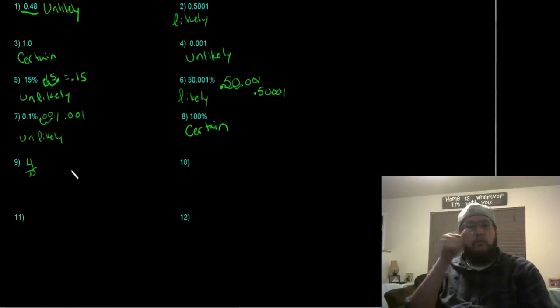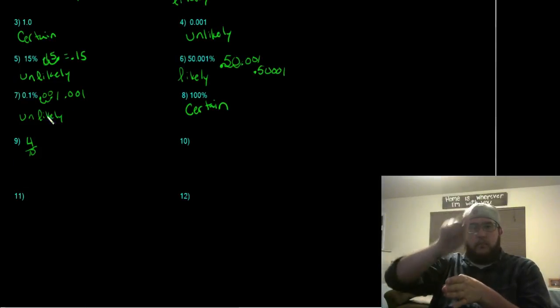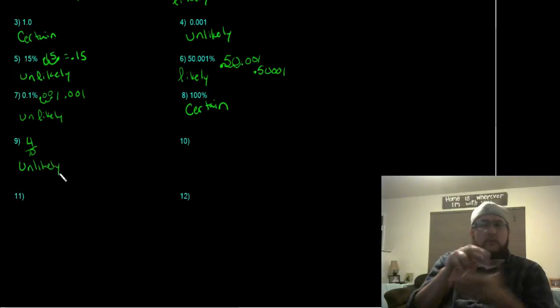Now, 4/10, we can take 4 and divide it by 10. 10 does not go into 4. And in order to add a 0, we have to put a decimal there. And then 10 goes into 40 4 times. 4 times 10 is 40. So that's our answer, 0.4. 0.4 is less than half. So we know that 4/10 is going to be unlikely.